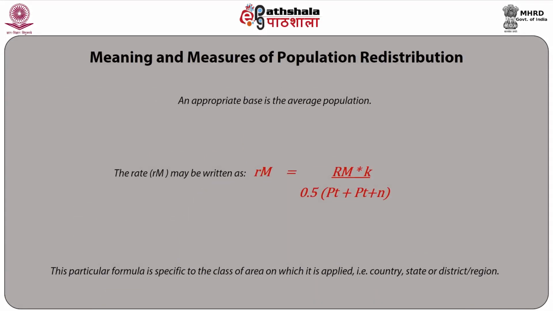The rate Rm may be written as Rm equals capital Rm into k divided by 0.5 into (Pt plus Pt+n). This particular formula is specific to the class of area on which it is applied, that means country, state or district or region.